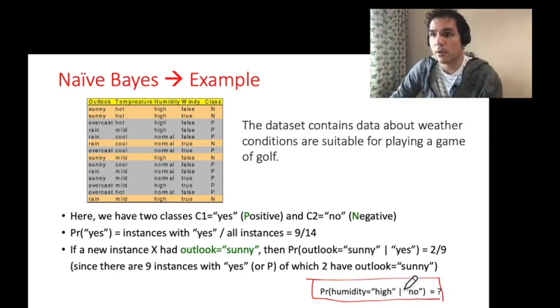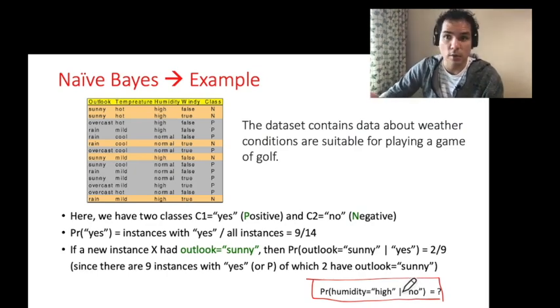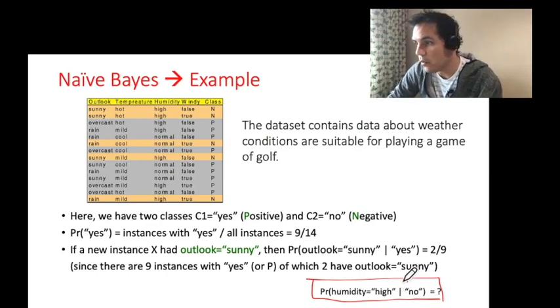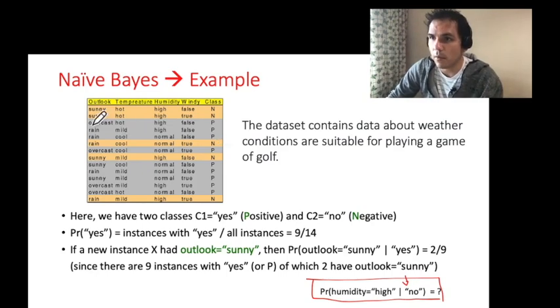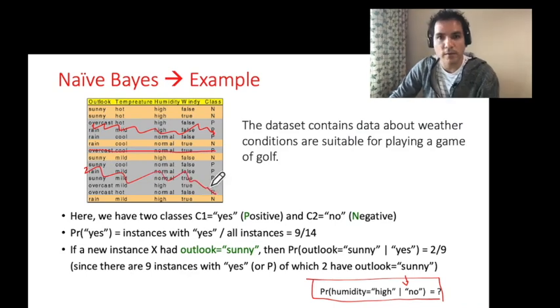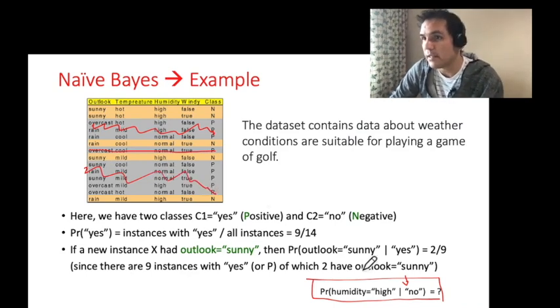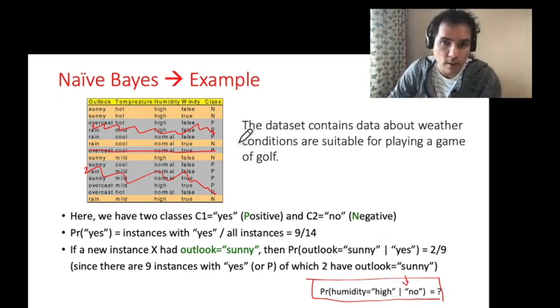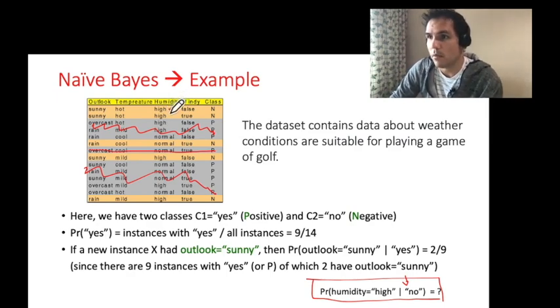In order to compute this, what we have to do is focus only on the no. So for this particular probability, we forget about this portion of the training set, and now we look into how many humidities high we have of the total no examples. So we have 1, 2, 3, 4.